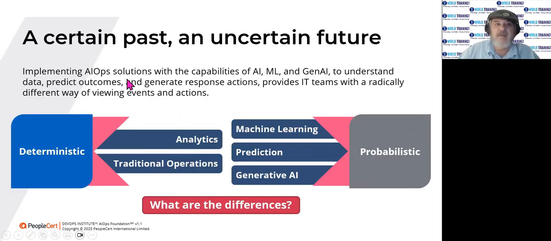So implementing AIOps solutions with capabilities of AI, machine learning, and generative AI can help understand data, predict outcomes, and generate response actions, providing IT with radically different ways of viewing events and actions. So deterministic includes things like analytics and traditional operations, whereas probabilistic is more about using machine learning, prediction methods, and generative AI to automate analysis and actions.